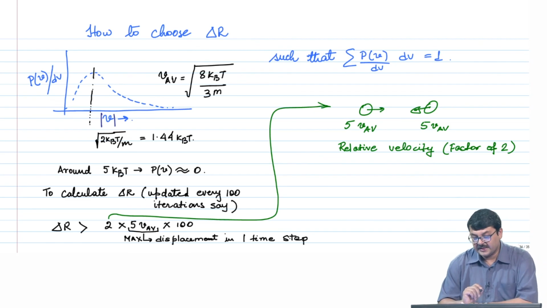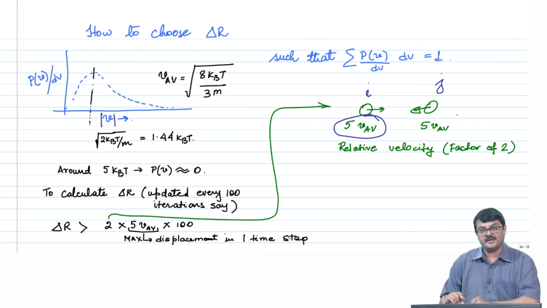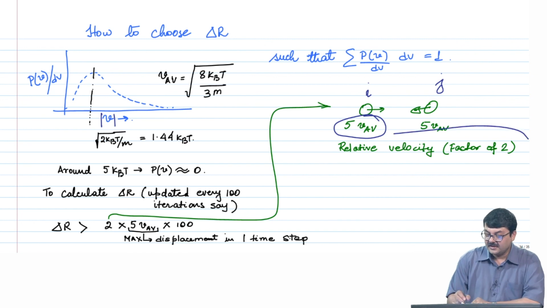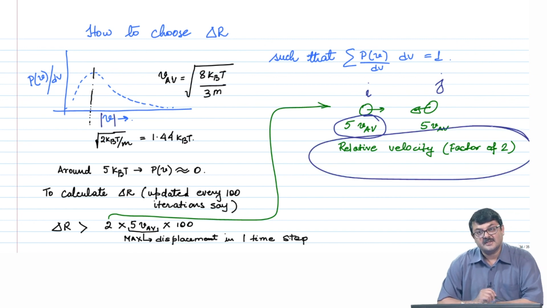The way you would do it is, suppose one of the particles, say I, has the maximum velocity, around 5 times v average. Beyond that you are not going to find particles with such high speeds, if you have 5000 particles in your simulation box. Suppose another particle j was also moving at an extremely high speed, 5 v average, and they were moving towards each other. So, the relative velocity would be essentially a factor of 2, so 10 v av.